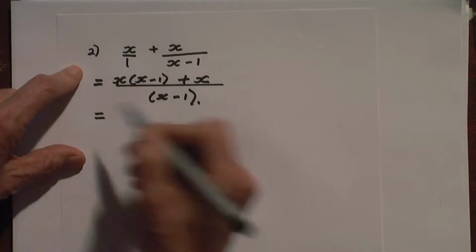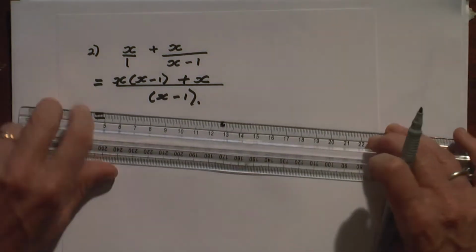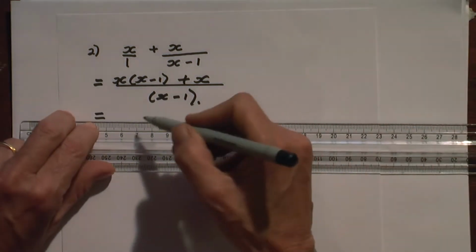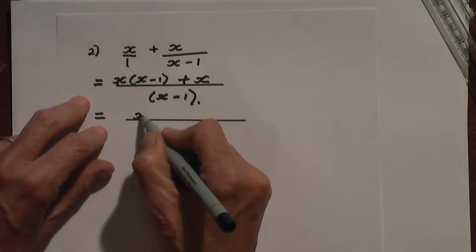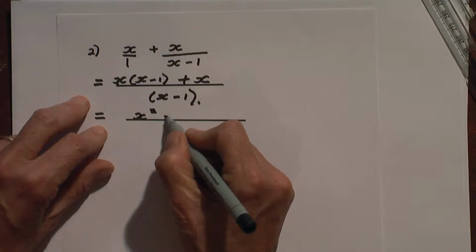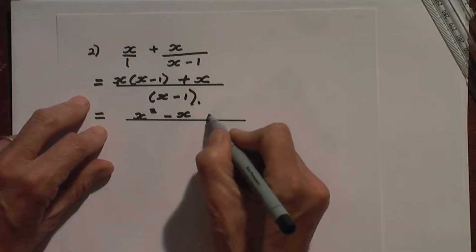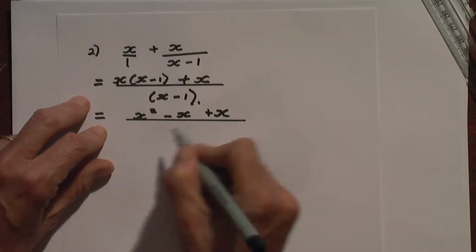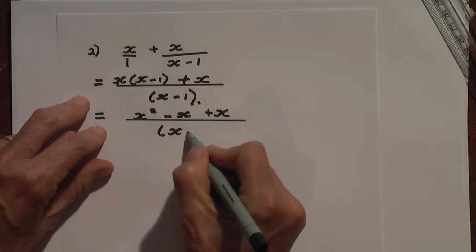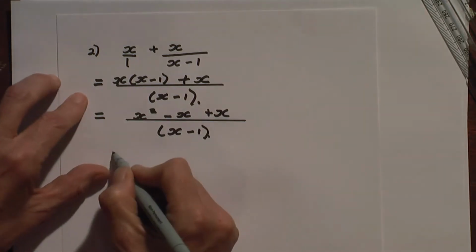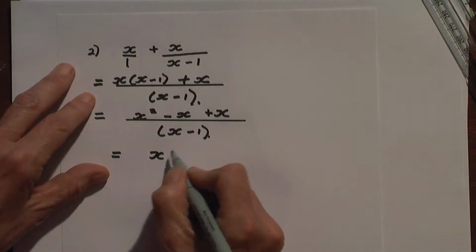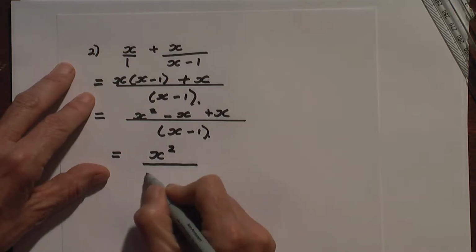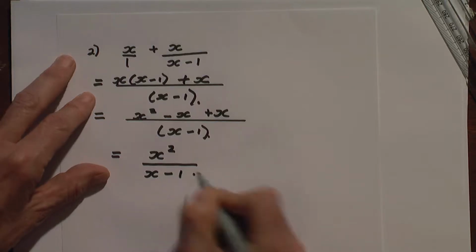And now it says simplify, so I've got to simplify the numerator, and I get x squared minus x plus x over x minus 1. And we end up with simplifying again the numerator, x squared over x minus 1.